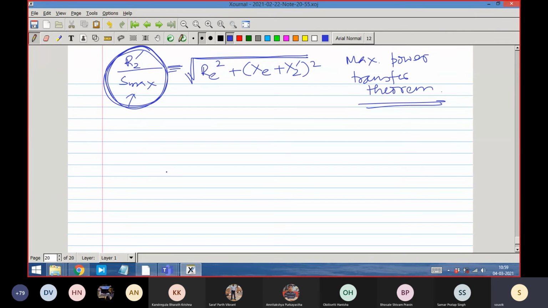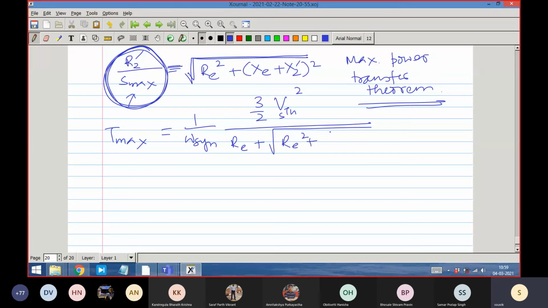This is the condition when maximum power transfer happens, and the maximum torque with that value of slip is equal to 1 by omega sync, into 3 by 2 into V Thevenin square, the same expression, over R Thevenin plus square root of R Thevenin square plus (X1 plus X2 dash) square.